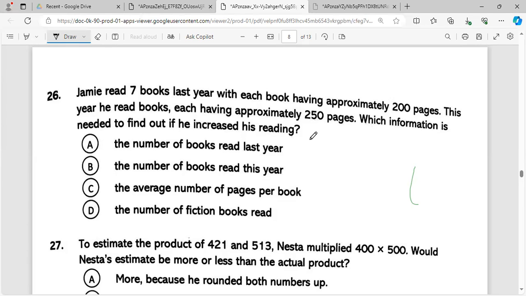Jamie read 7 books last year, with each book having approximately 200 pages. This year, he read books, each having approximately 250 pages. Which information is needed to find out if he increased his reading?